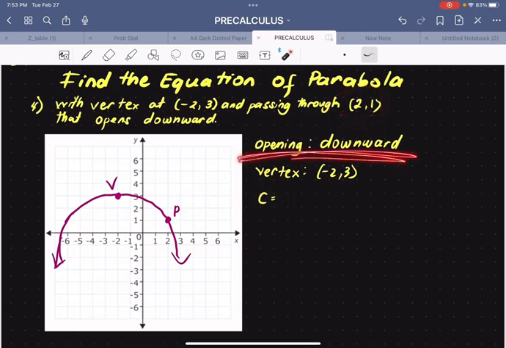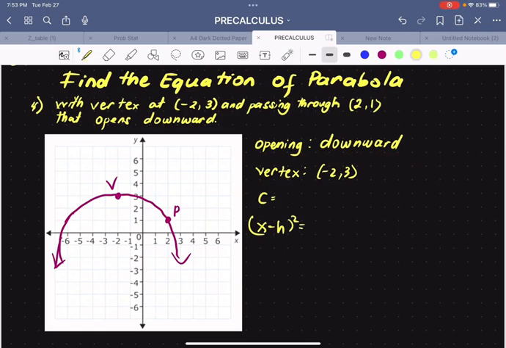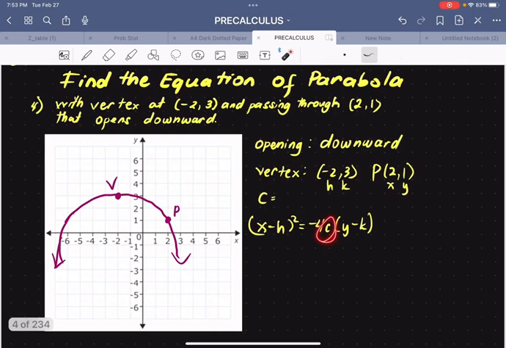Since the opening of the parabola is downward, we're going to use the formula x minus h quantity squared equals negative 4c times y minus k. Okay? So, we have a point P. Point P is 2, 1, and that will serve as our x, y. The vertex is our h, k. So, using this, we can find the value of c.